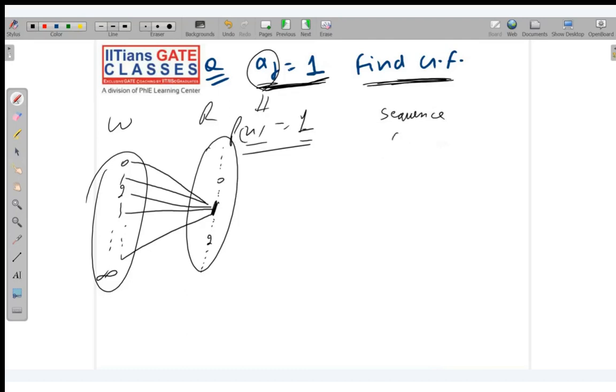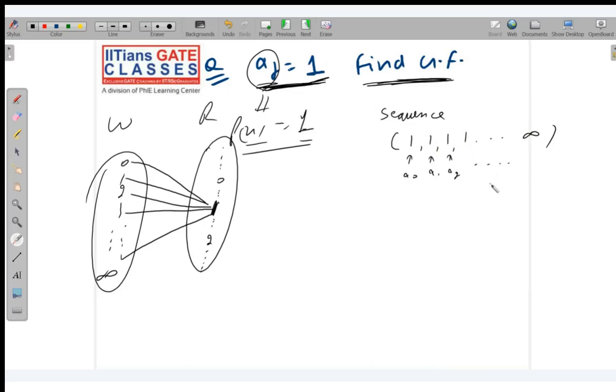So how will we write? 1, 1, 1, 1 up to infinity. Why? Because a0 is also 1, a1 is 1, a2 is 1. Are you getting it? a0 means what? f(0). f(0) is 1, f(1) is 1, f(2) is 1, f(3) is 1, everything is 1. So that's why I will write 1 up to infinity.